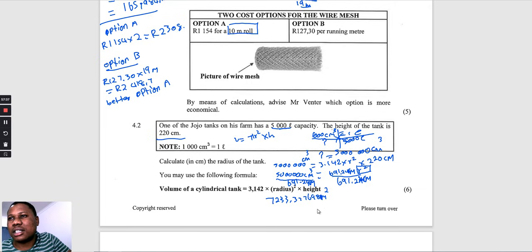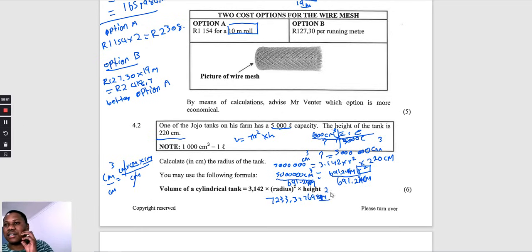On top it was centimeters cubic divided by centimeter. Remember, this is centimeter multiplied by centimeter multiplied by centimeter, then divide by centimeter. So this centimeter will cancel one centimeter, and we are left with centimeter multiplied by centimeter, which gives us centimeter squared, which is equal to radius squared.